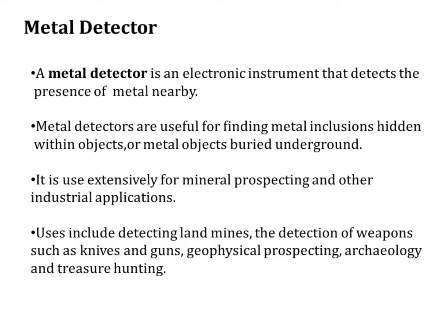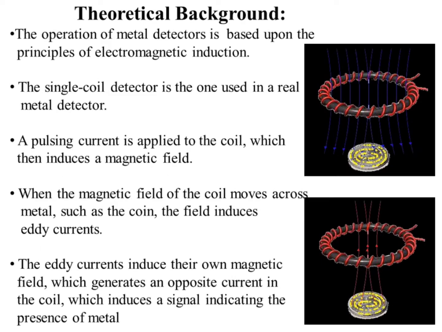It is very useful for finding any hidden metal or metal object buried underground. They are widely used in finding minerals present underground and for other industrial applications. It is very helpful for detecting landmines, and also the detection of weapons such as knife, gun, etc.